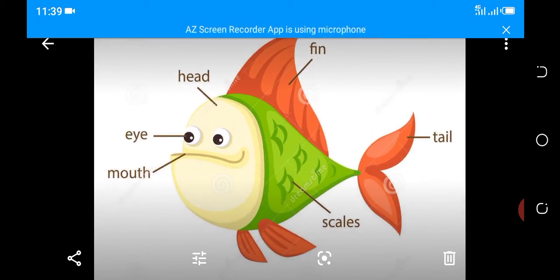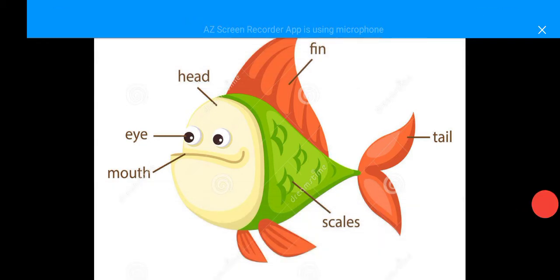Number 3, they have gills on both sides of their heads to breathe inside the water. Most fish lay eggs, but some of them give birth to their babies, such as guppies and mollies and some sharks.